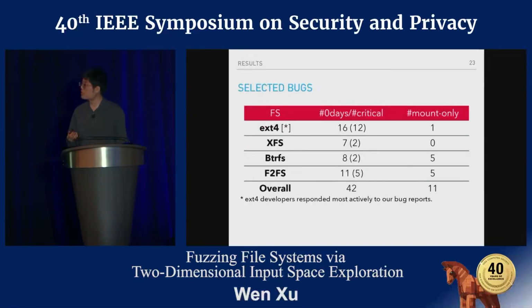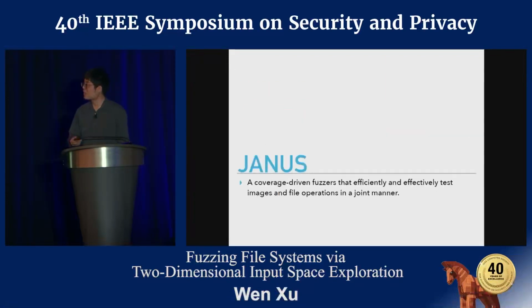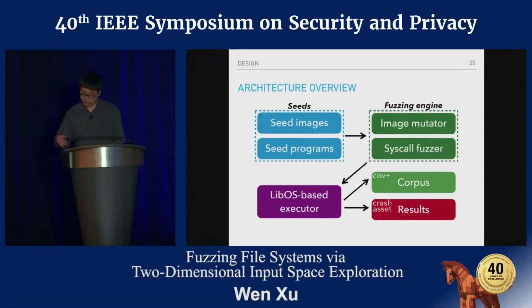So here's the list of the bugs we found in mainstream file systems on Linux. And also, some of the bugs only need to mount a malicious image to trigger them, without invoking any file operations. Here I'll talk in more detail about Janus.